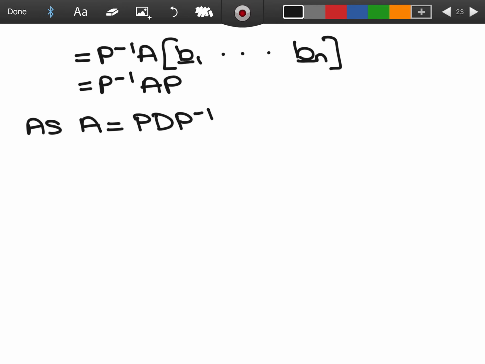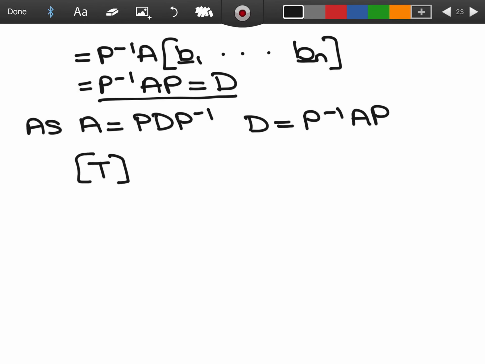So as this is the case, I can rearrange this to say that D is P inverse AP. So therefore this must equal D. That means that the matrix that was similar to A, which in this case was that diagonal matrix with the eigenvalues in it, is my B matrix for T. And that's the end of that proof.